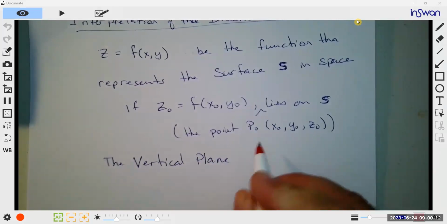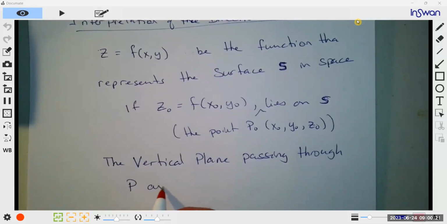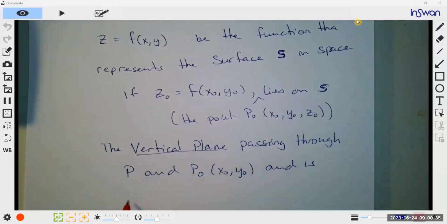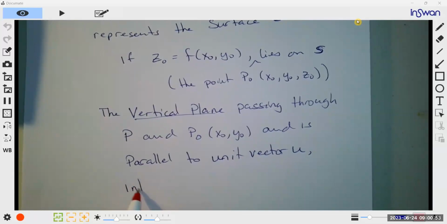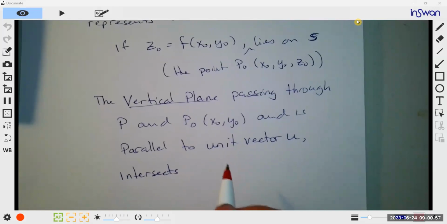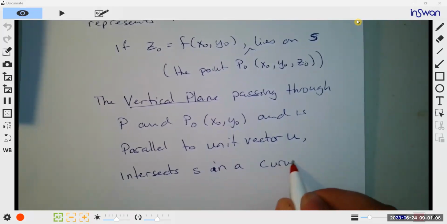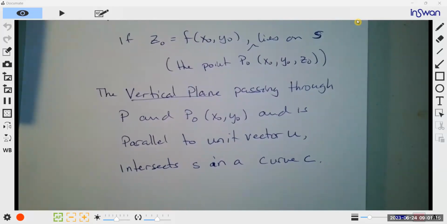Then the vertical plane passing through P and P sub 0, which is x sub 0, y sub 0, and is parallel to the unit vector u, intersects S in a curve C. So you have the function z.